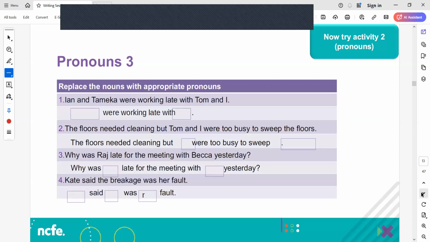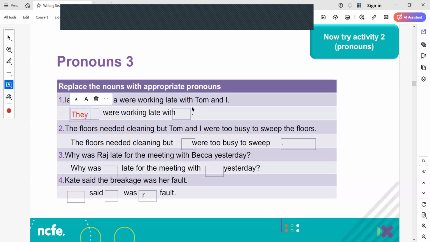Ian and Tamika were working late with Tom and I. So we're going to replace the nouns with the right pronoun. Ian and Tamika, what pronoun would we use instead? They.